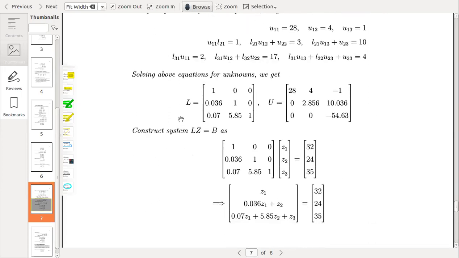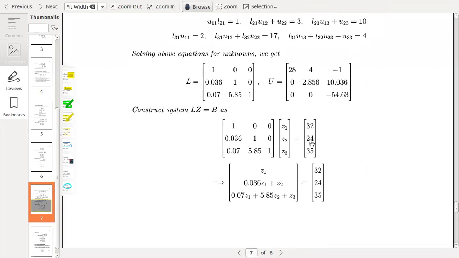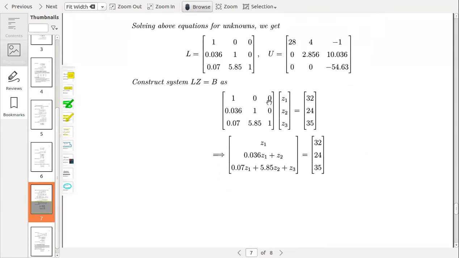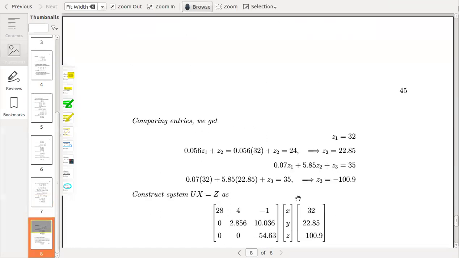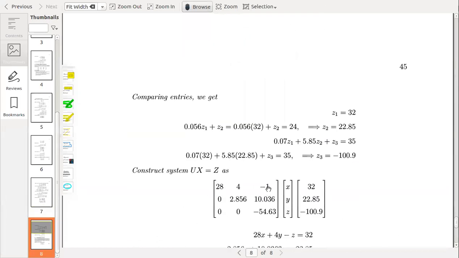Constructing the system LZ equal to B, we get the equations after multiplying and making a comparison, and we have got the solution like this.